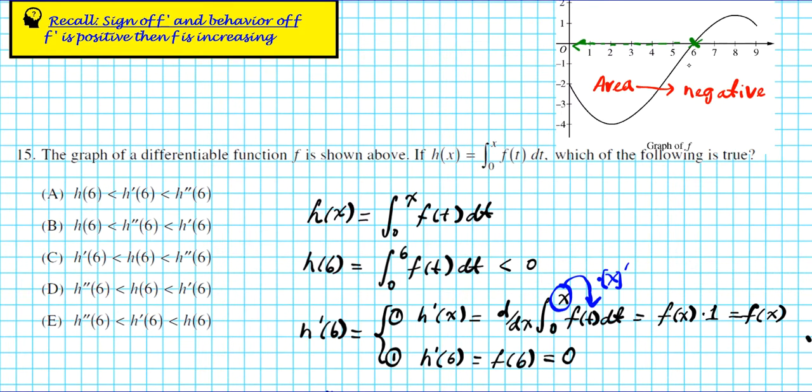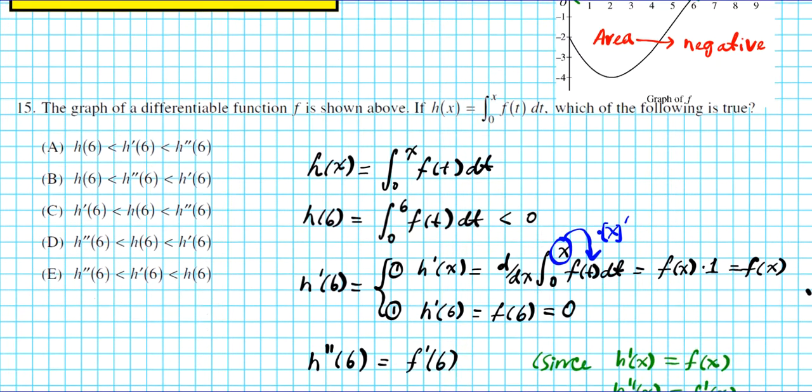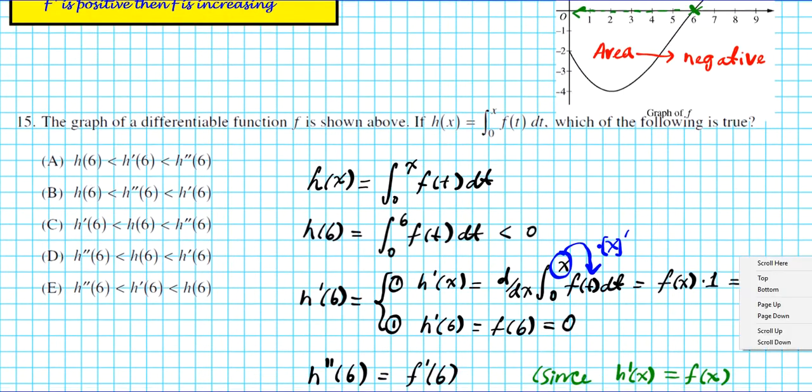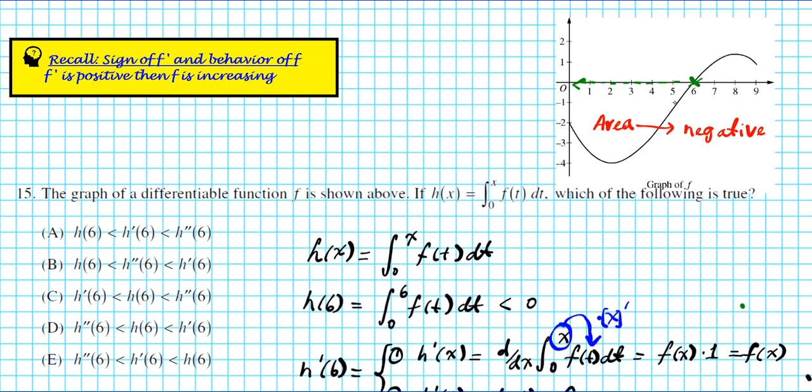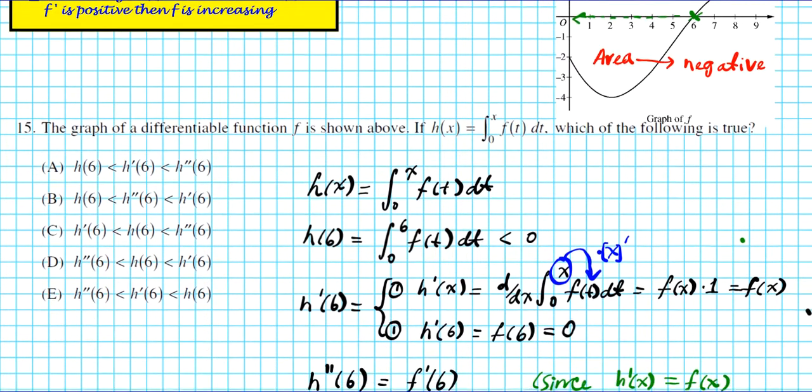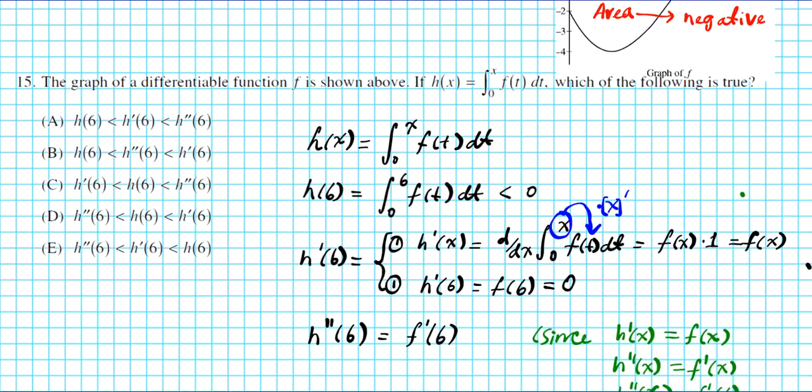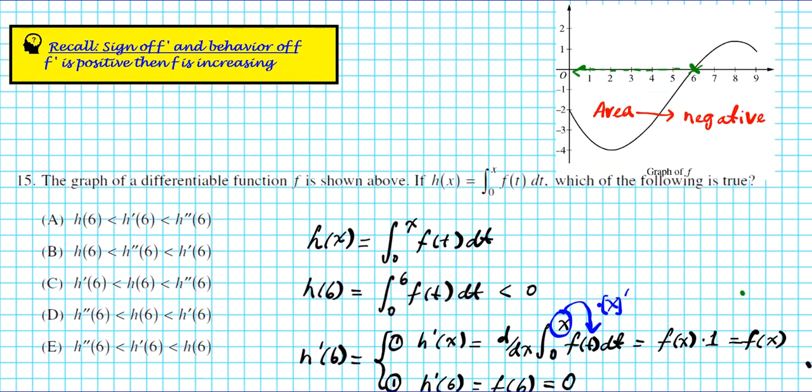What is the behavior that will tell us what the sign is? F is increasing at 6. You see it is going up, up, up, up, up. So if f is increasing, what does that tell us about the derivative? If a function is increasing, the tangent line is going to be going up from left to right. So let me just sketch in the tangent line for you there. The tangent line is going to look something like this.